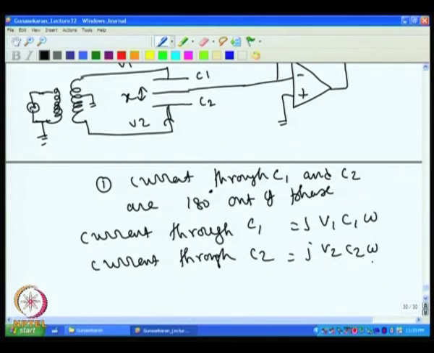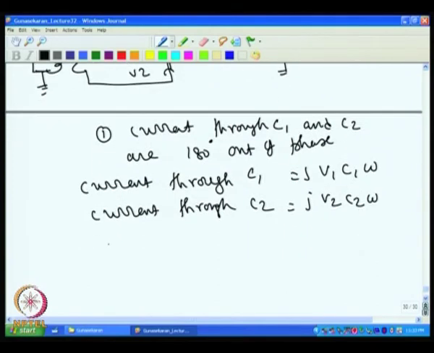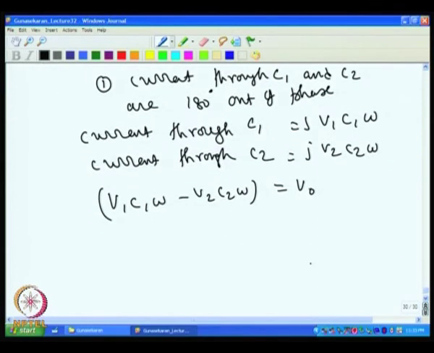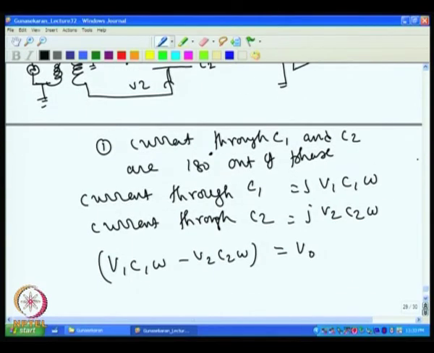If we add these two currents, you will have V1 C1 omega minus V2 C2 omega as the output, into R, of course, which is what flows through this.